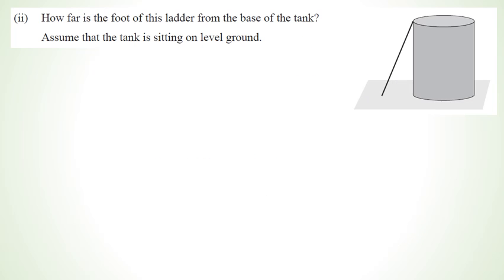So with this one, they're asking you how far is the foot of this ladder from the base of the tank. So we know that that's still 3, and that's 2.9, and they're asking you what is that one going to be there. So because they form a right angle triangle, I'm going to call this one b for base. All right, so I know that b squared plus 2.9 squared equals 3 squared.